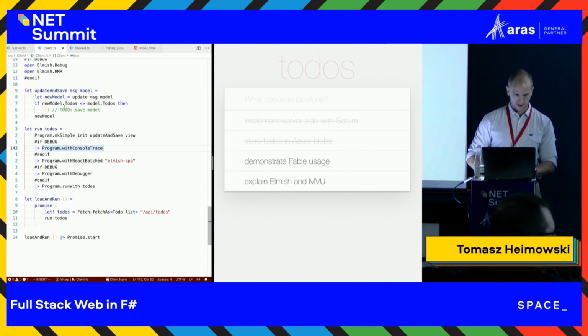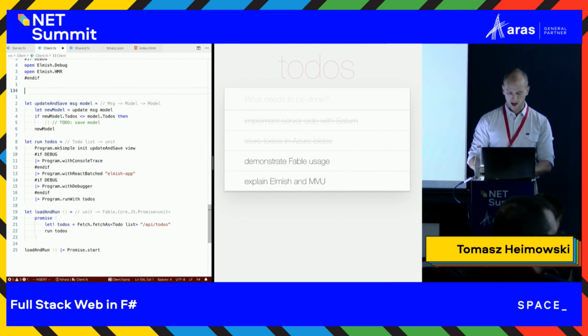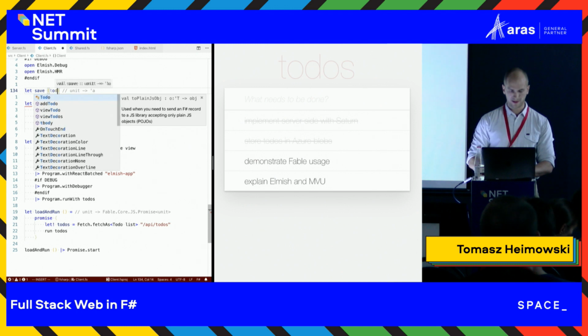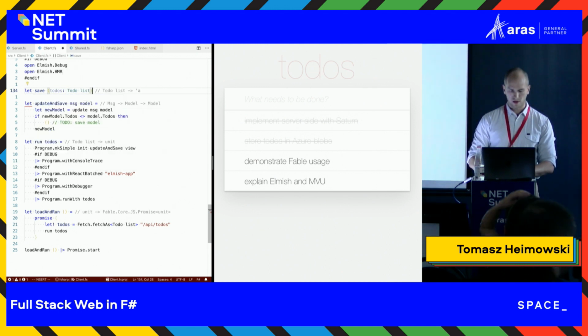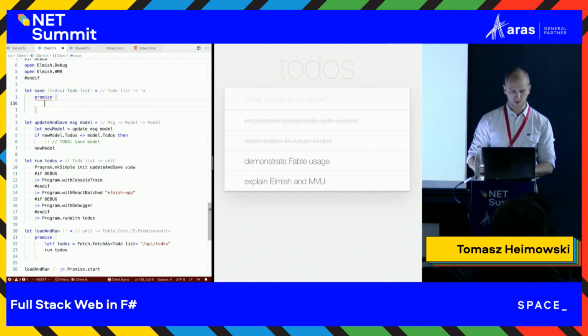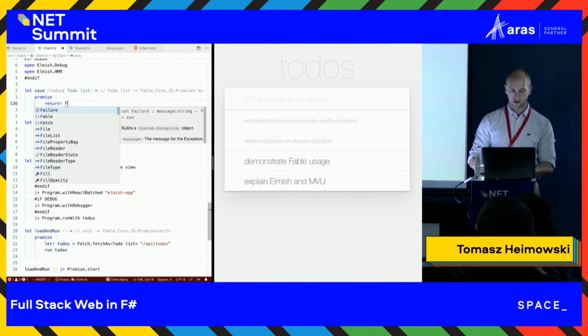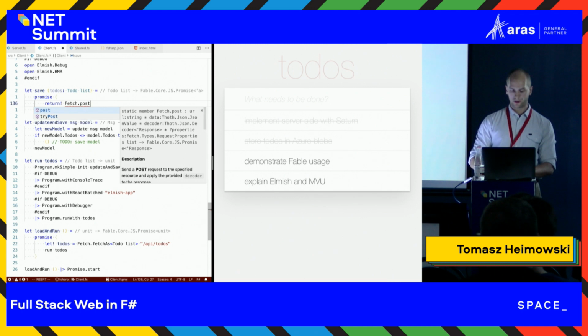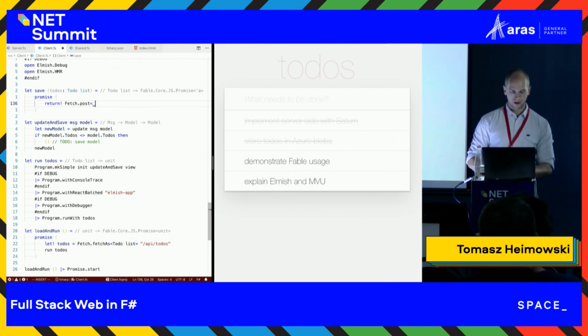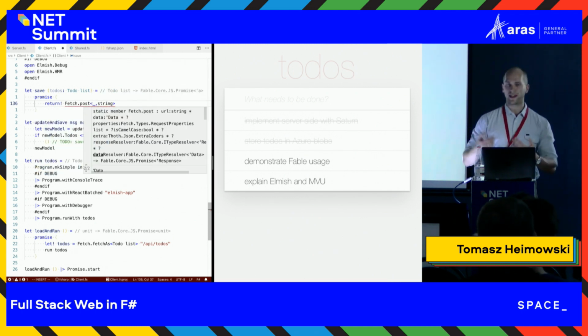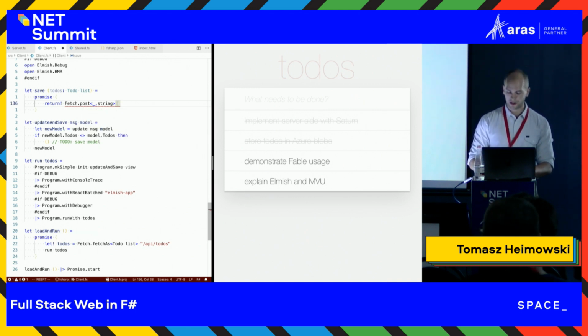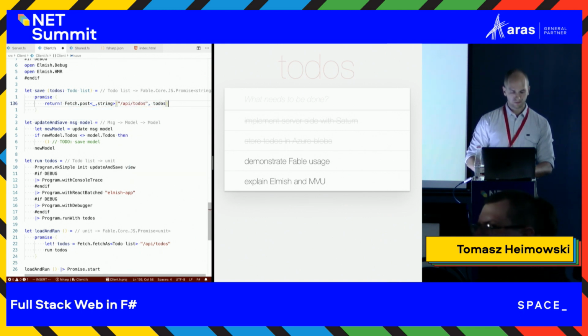So to do that, let me go over here, and I'll implement save, passing in to-dos as a to-do list, and again use the promise computation expression. And here I'll also invoke the fetch API, but this time post. And as you remember, I'm returning a string, so I need to pass that as a type parameter over here to /api/to-dos and the to-dos that we got in the parameter.